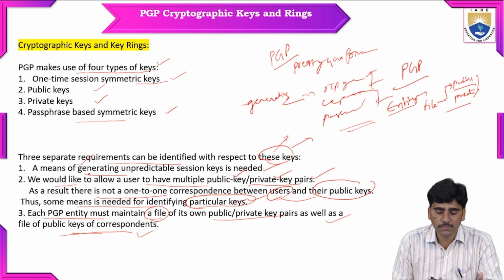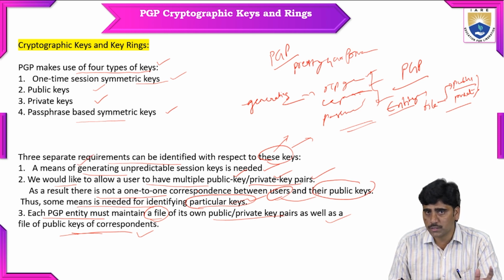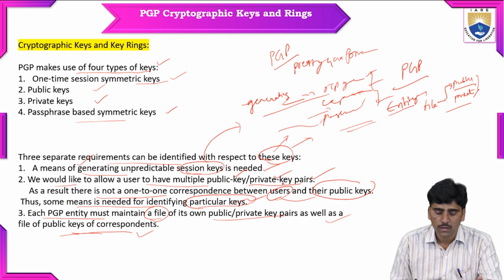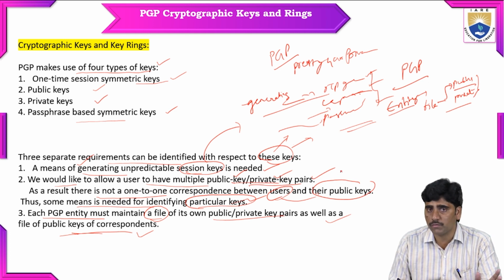For these three requirements, the first is a means of generating unpredictable session keys, which is needed for generating OTPs, captchas, or password mechanisms. The second is making public key and private key pairs, which allows the user to encrypt or decrypt with the public key and private key.